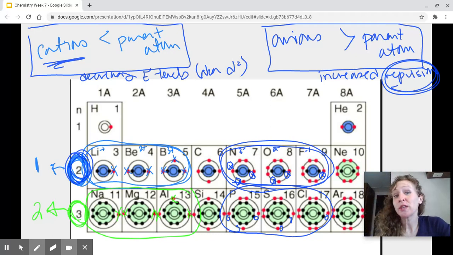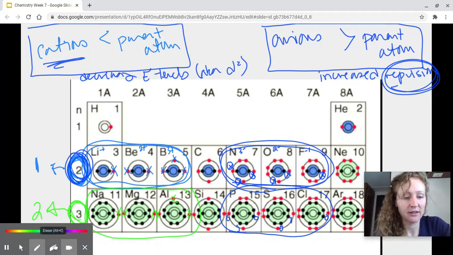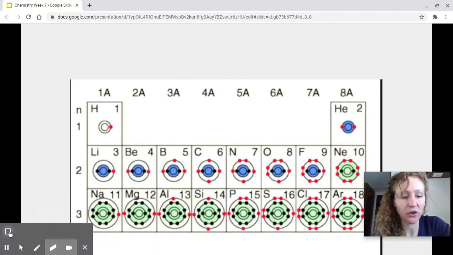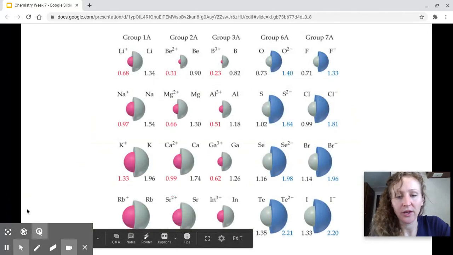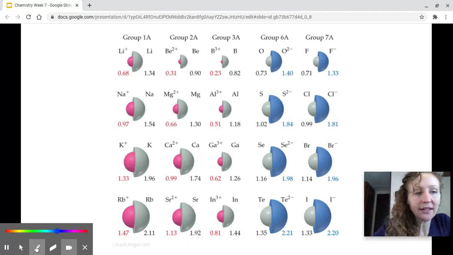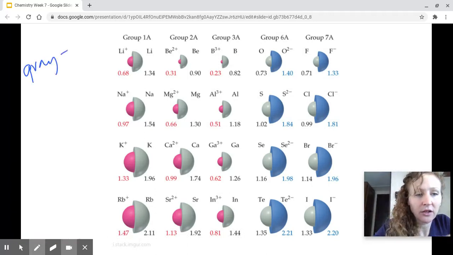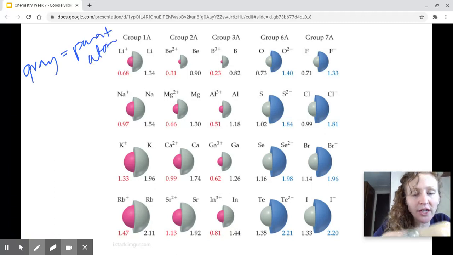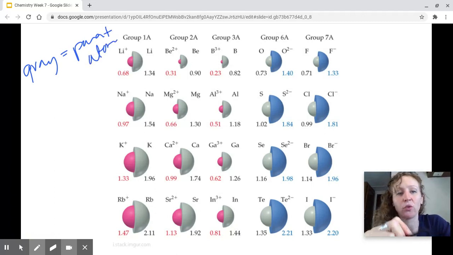Okay, I want to show you this in a different way, with a slightly different graphic. Okay, check out this graphic. So it takes a minute to kind of orient your eyes to what you're looking at. But the gray in all of these things is the parent atom. So try to train your eyes to look only at the gray.